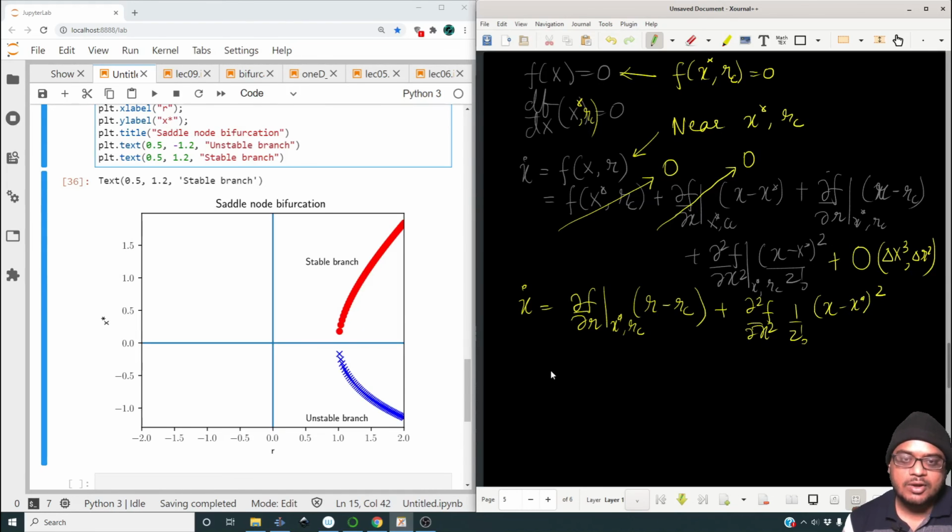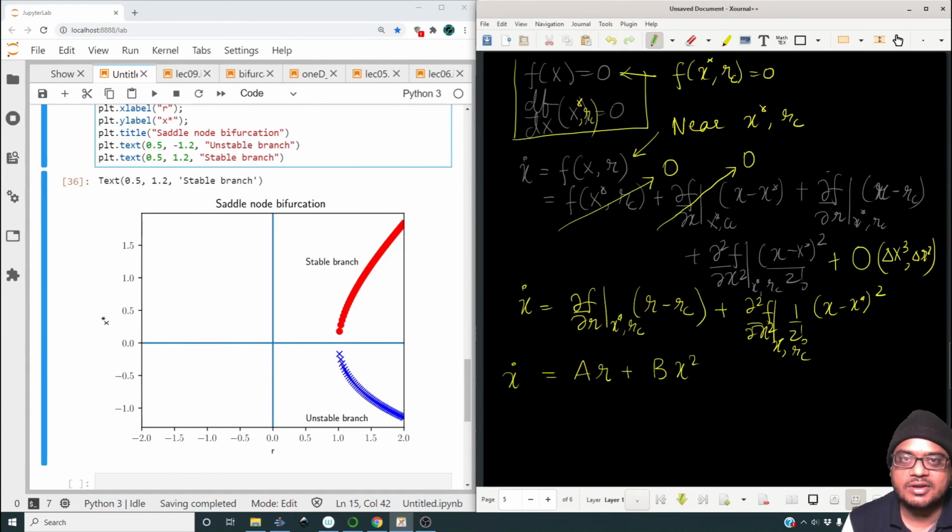And quite obviously you can cast this as a times r plus b times x square, where a and b are various constants which contain all those various terms. So this has to be at x star comma rc, and hence such equations under the conditions of a saddle node bifurcation do reduce to that kind of a normal form.